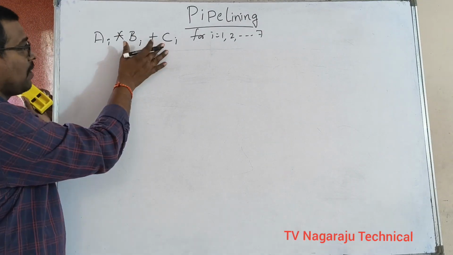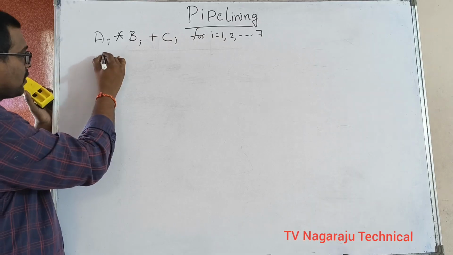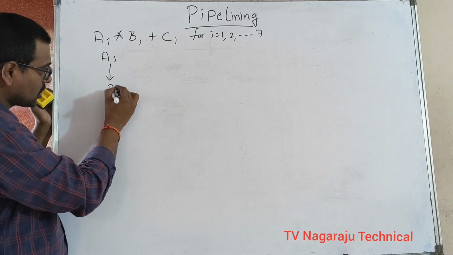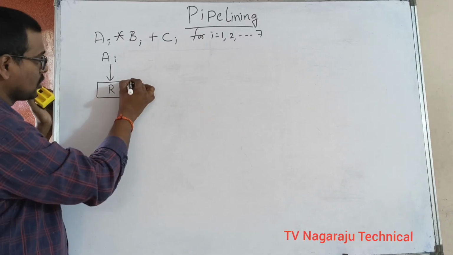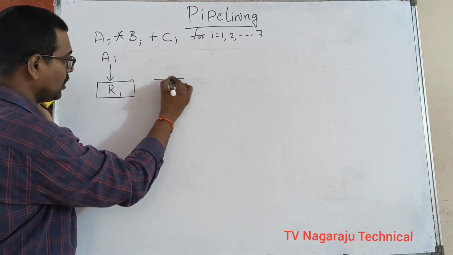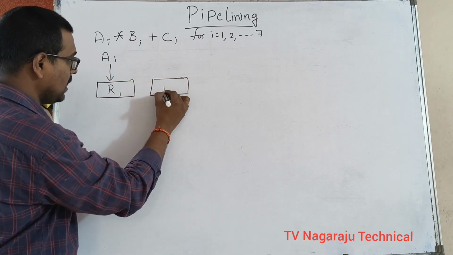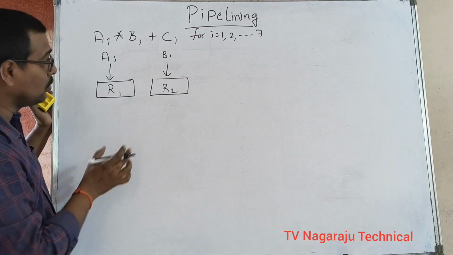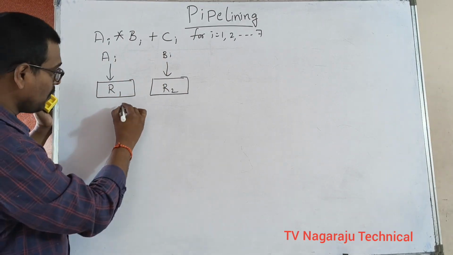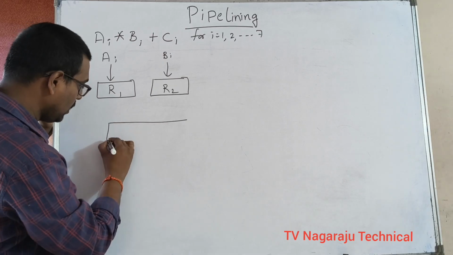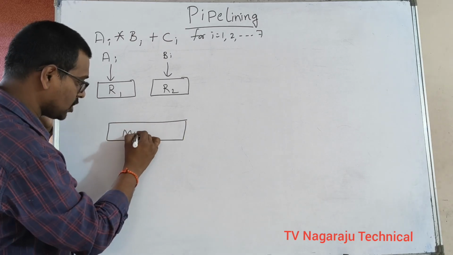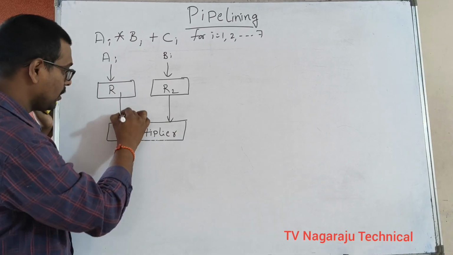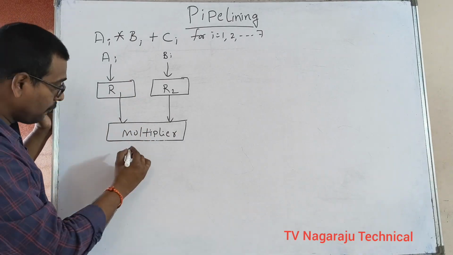First, Ai is copied into some register R1. Similarly, Bi is copied into register R2. Once I get these two values, you do multiplication with a multiplier.